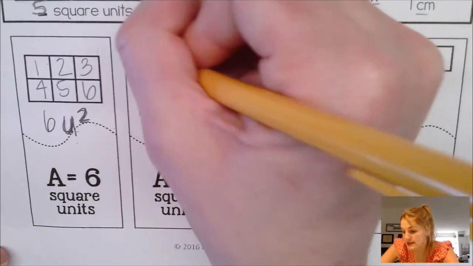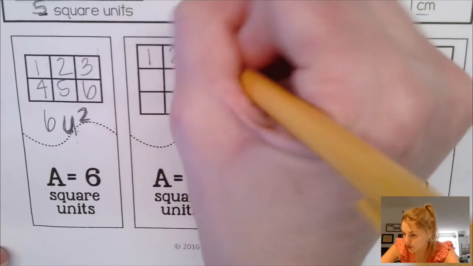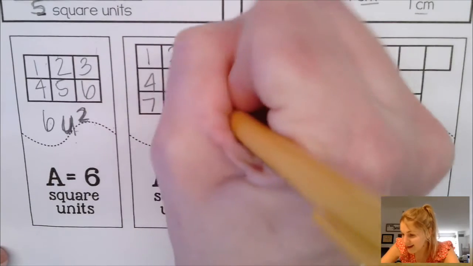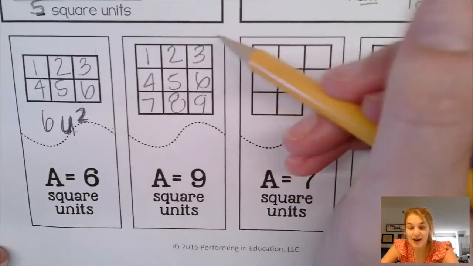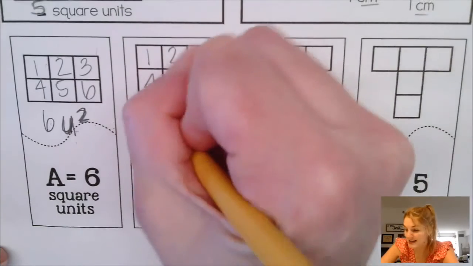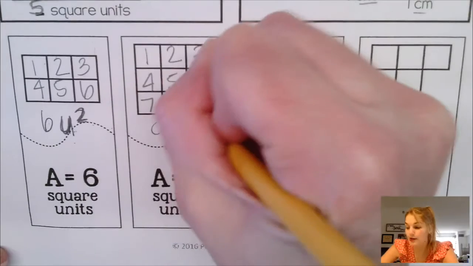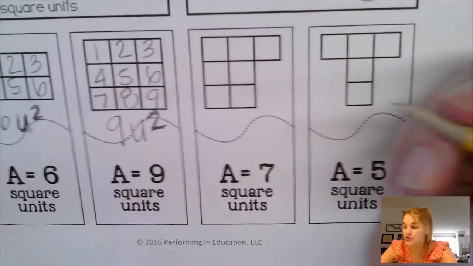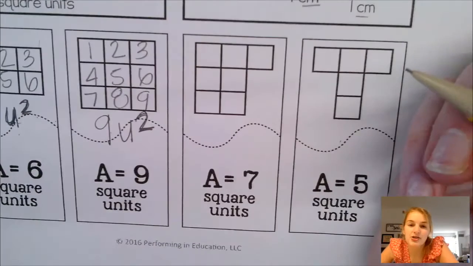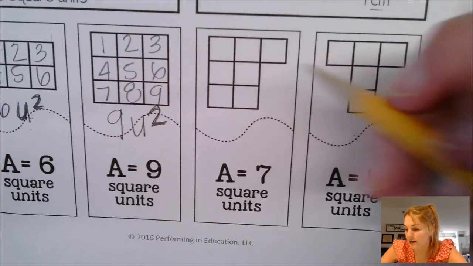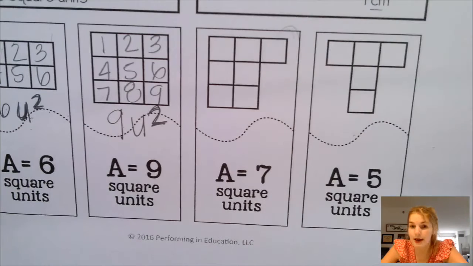This one says it has 9. Let's see. 1, 2, 3, 4, 5, 6, 7, 8, 9. So the area of this square is 9 units squared. Let's try one more. This is an irregular shape. It looks different. It's not a perfect square or a perfect rectangle because we have this outlier here.